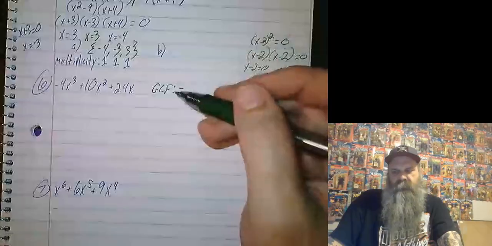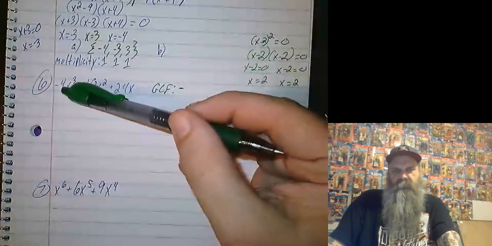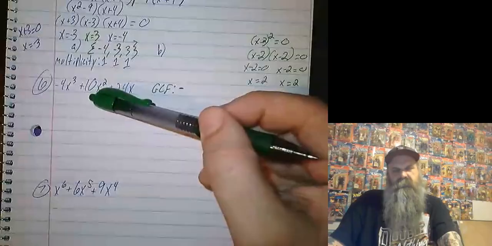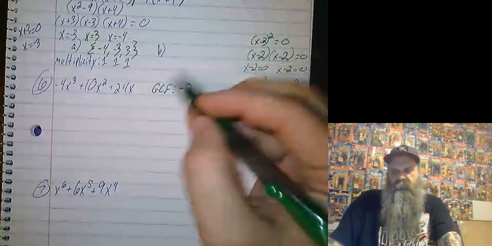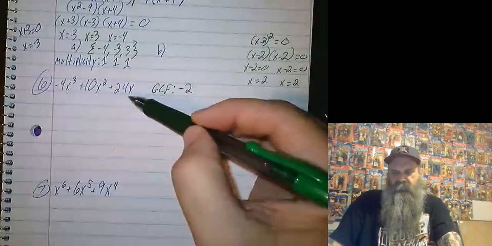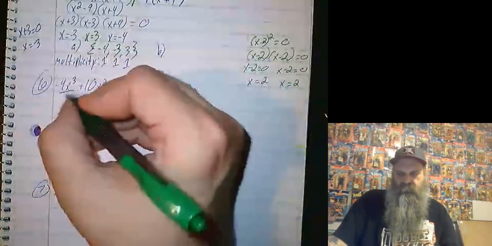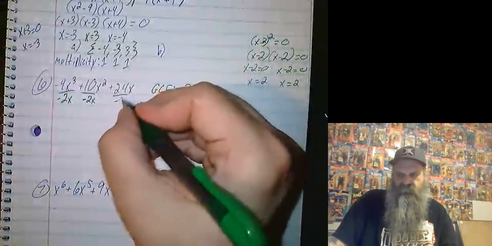All of my coefficients are even, so I can factor out a 2. I could factor a 4 out of the first and third terms, but 10 divided by 4 is not a whole number. So we factor out a negative 2, but they each have an x in them, so we'll factor out an x. Let's see what that leaves us with as we factor out our GCF.